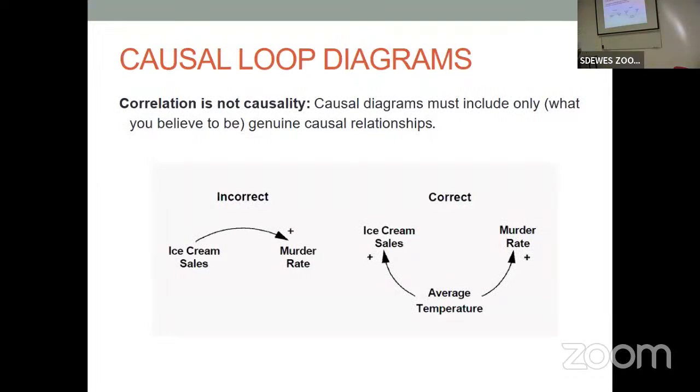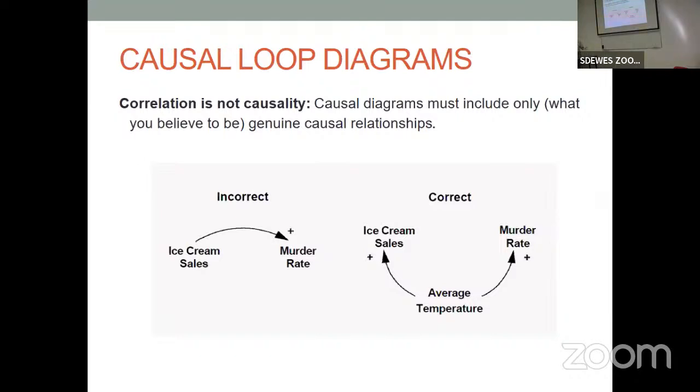In this step, even when it seems to be very easy, it's quite important to be rigorous, remember what we were saying about black modeling and white modeling. We can find that there is a relation between ice cream sales and murder rate. From a statistical point of view, I can say that when the sales of ice cream increase, I obtain a higher murder rate.